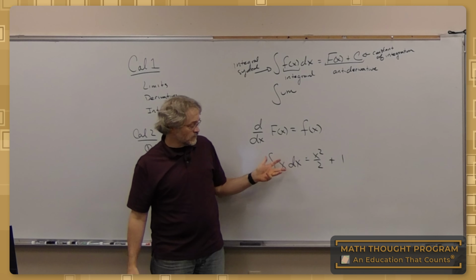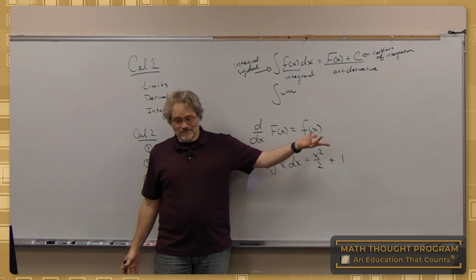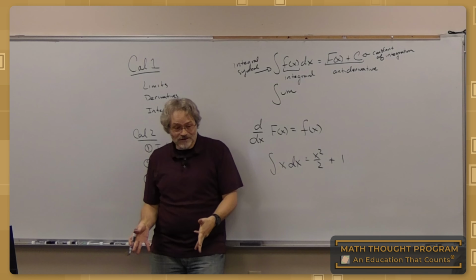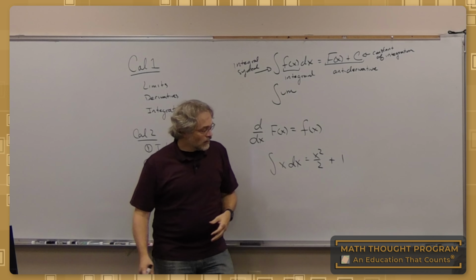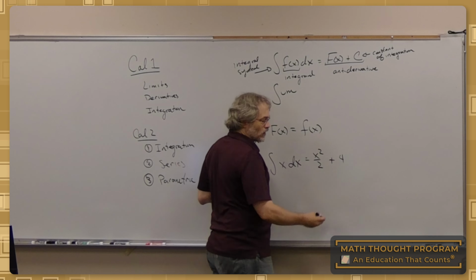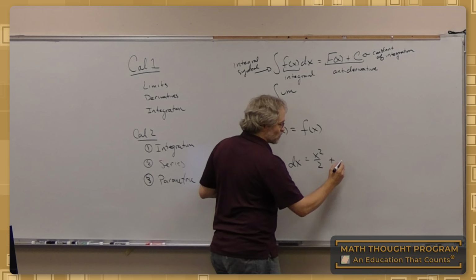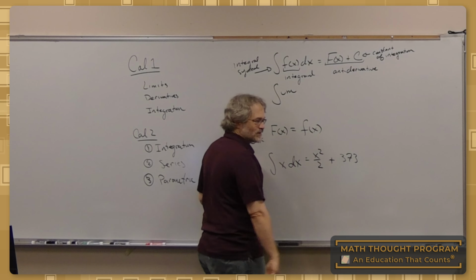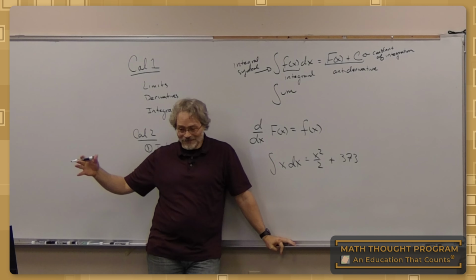Well, this piece definitely goes here. But when you take the derivative of a constant, what happens? Derivative measures rate of change. Constants don't change. 0. And I can keep playing this game. I can say 4. I can say 41. I can even say 373. A great prime number. It's a palindrome. Love it.